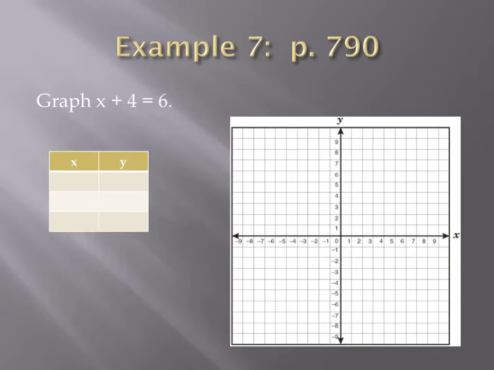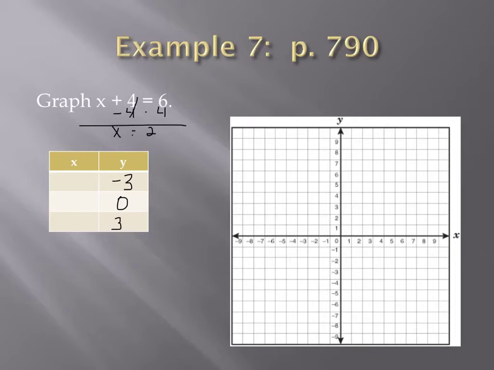Example 7, this one's the opposite. We have an x variable, but we don't have a y variable. So if I get x by itself, I'll subtract 4 from each side. This gives me x equals 2. So I can choose any y values I want. So let's see, negative 3, 0, positive 3.